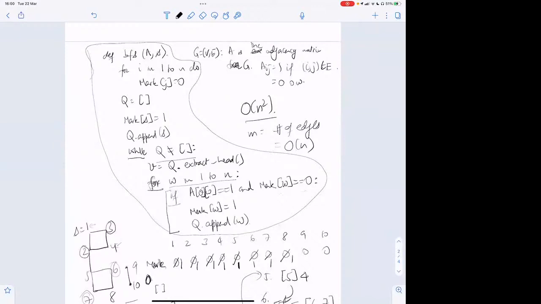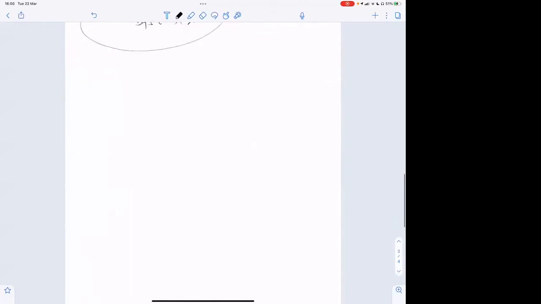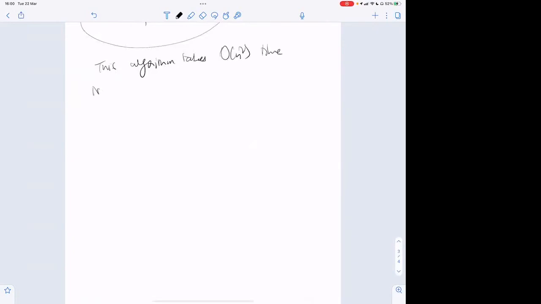Could you repeat the question? Like what do we want it to depend on? So I'm saying this algorithm takes n squared time irrespective of the number of edges in the graph, correct?